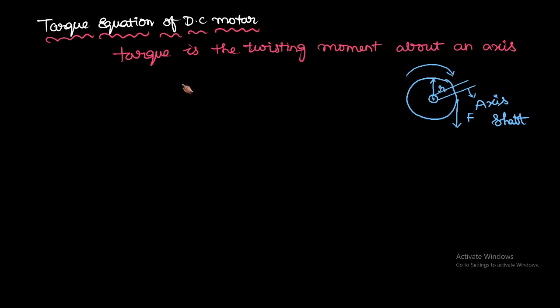We already know the force on the conductor is B into I L sin theta, where theta is the angle between I and B. Let us assume the terminology we are using.